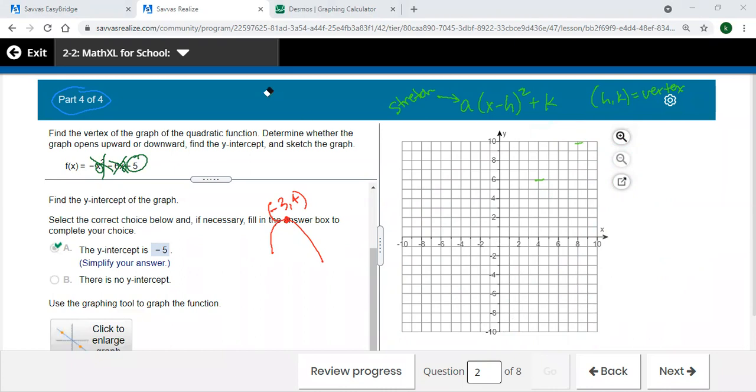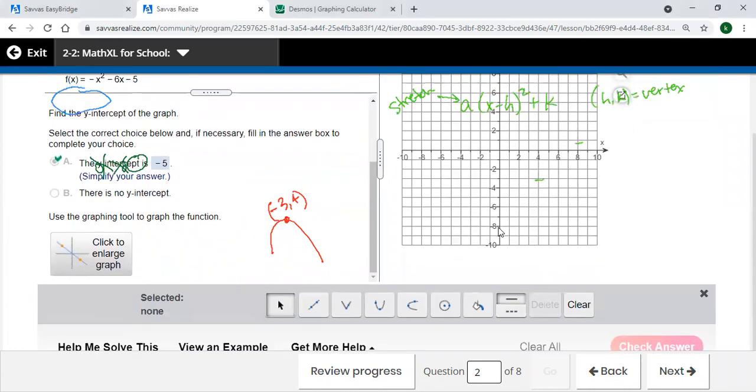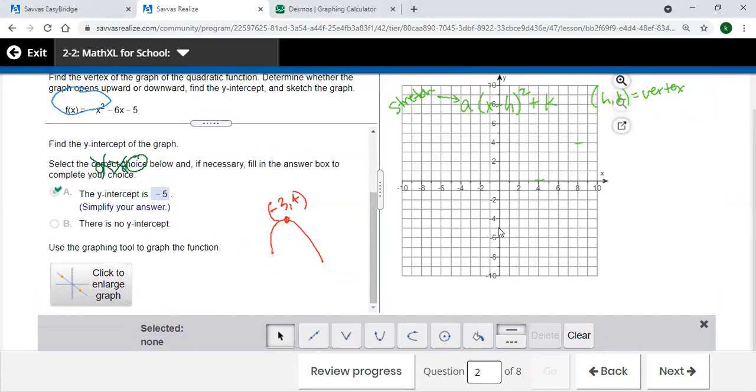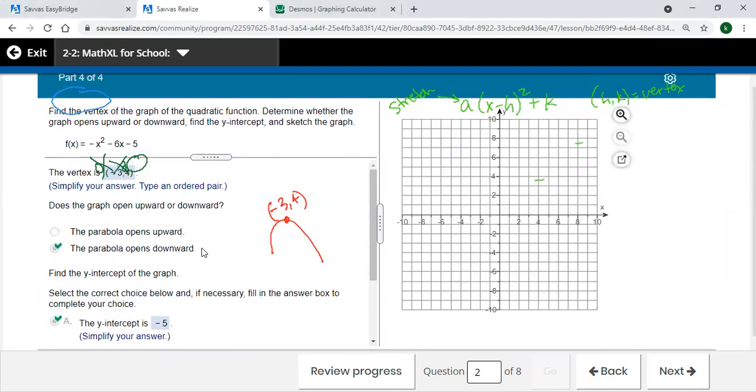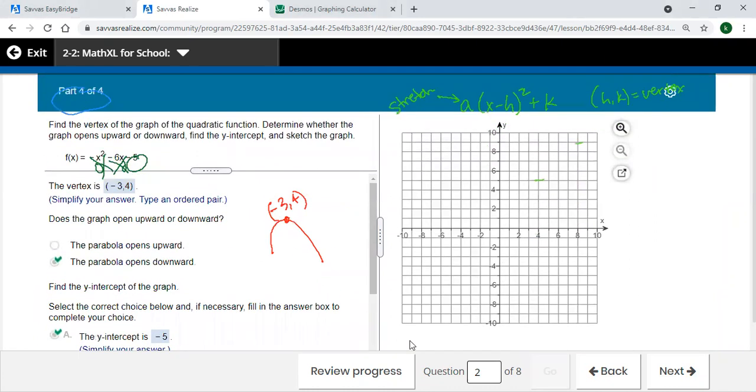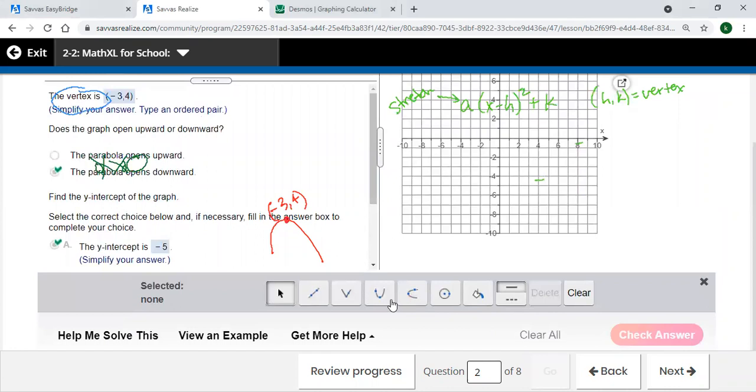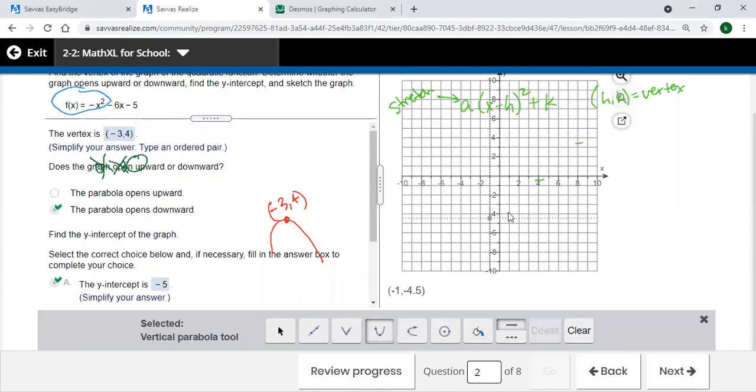What I've found in using the software is if I click on the graph itself, usually my tools are down here. My vertex again was -3, 4, so it's a parabola; get the parabola tool. Sometimes these tools work differently, but just start it out and we'll see what happens.